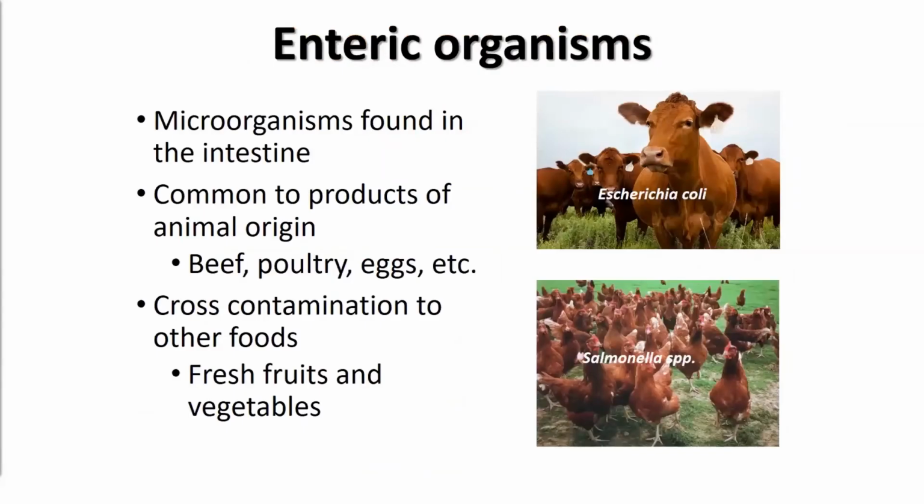Most of the organisms that cause foodborne illnesses are what we call enteric organisms. There are a few exceptions, but most are enteric organisms typically found in the gastrointestinal tract of humans and animals. As such, many of these microorganisms are typically associated with products of animal origin. With beef products, we think about Escherichia coli.